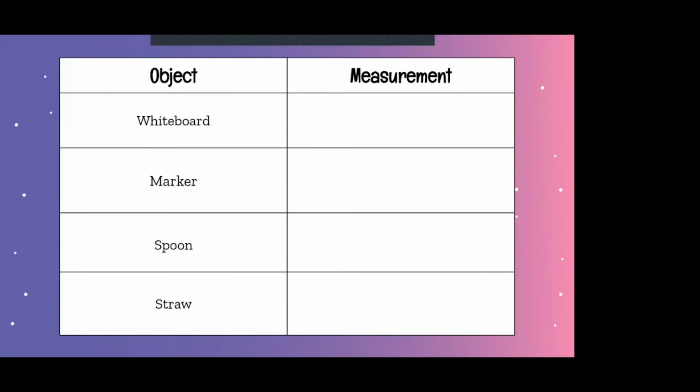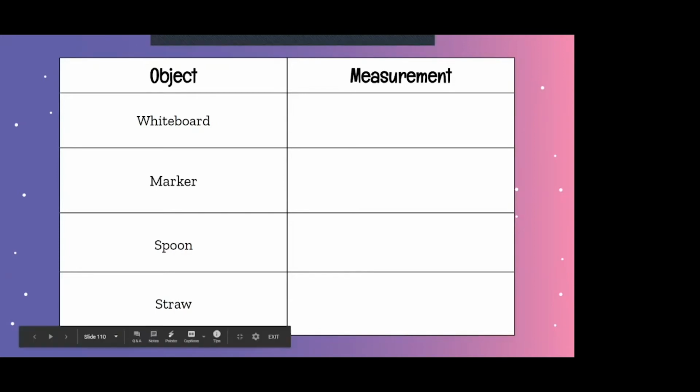So we have a whiteboard, we have a marker, a spoon, and a straw. And on the right-hand side, we have the measurement. So what I'm going to do is I'm going to show you a video of me measuring each of these things, but I want you to write along with me how long each of these items are and what unit of measurement we used for it. Sound good? All right. And then we're going to come back to this in just a second.